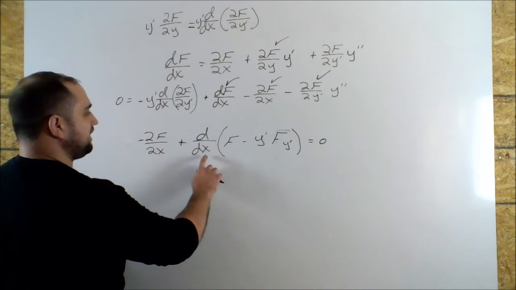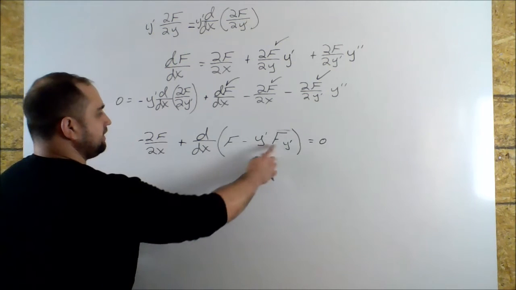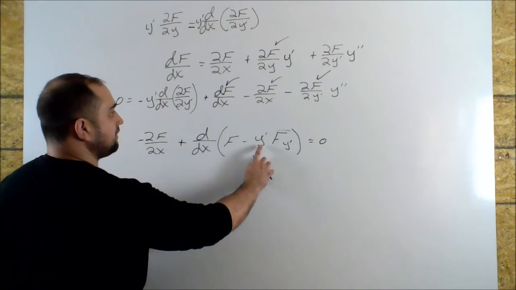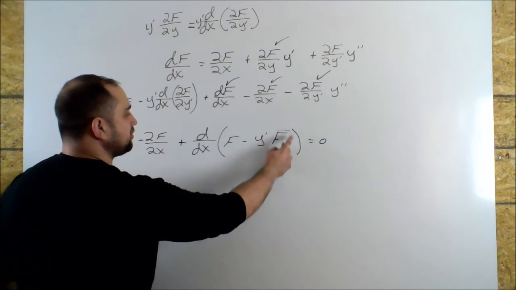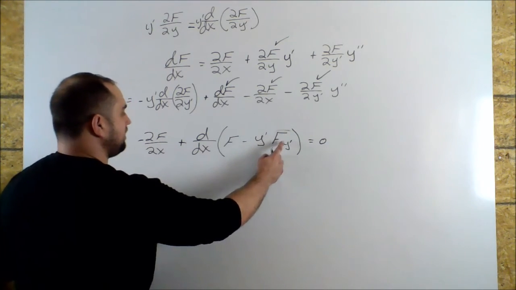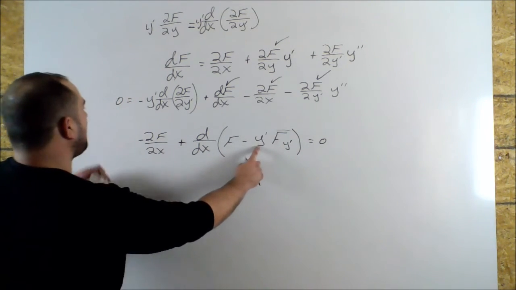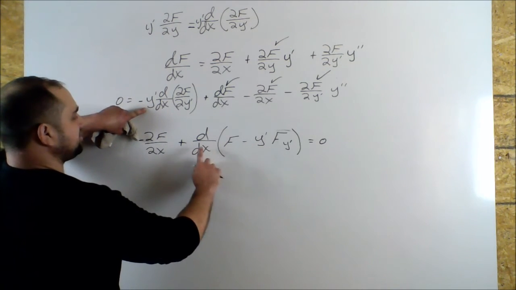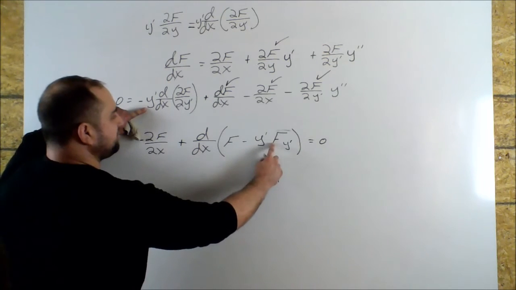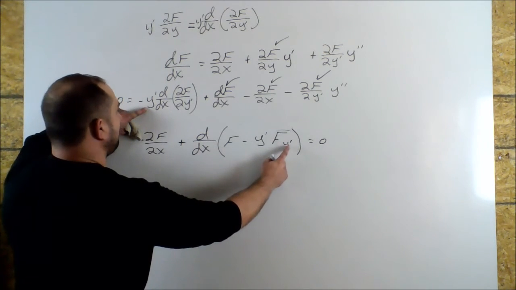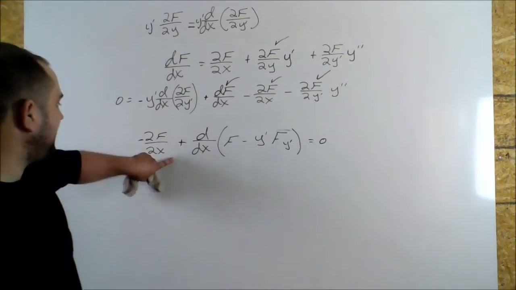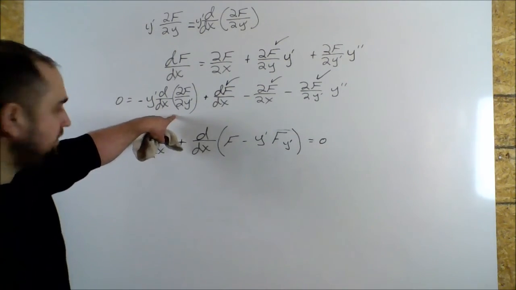And then I would get minus this times the derivative of this. So I would get y prime minus y prime times the derivative of partial f with respect to y prime, which is what I have here. So this is just another form of writing this.